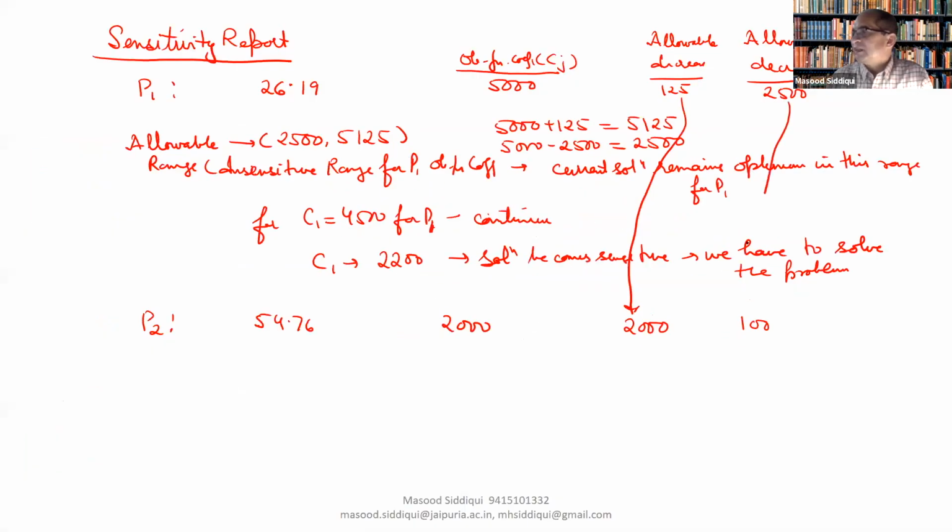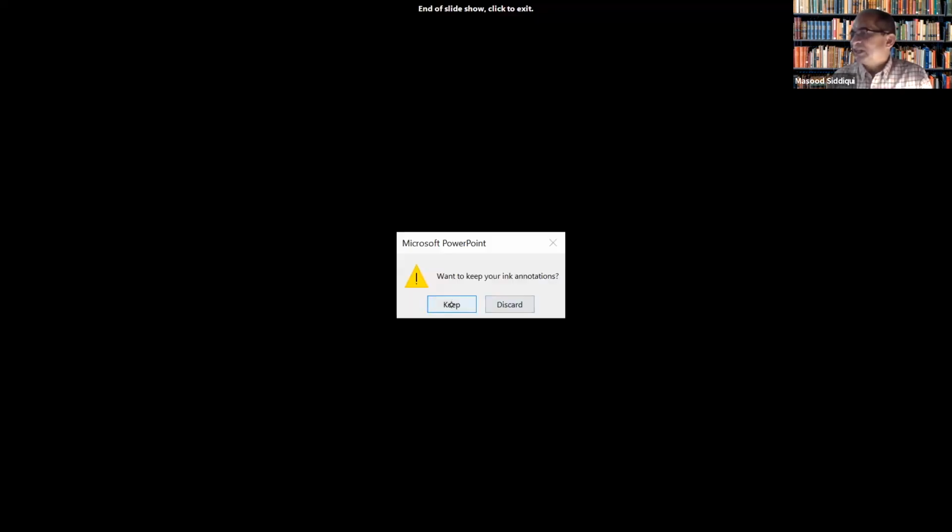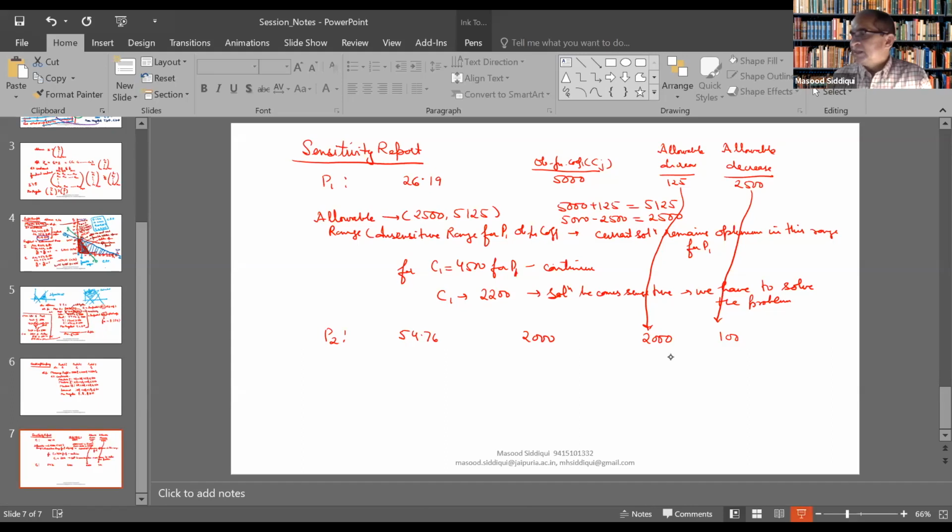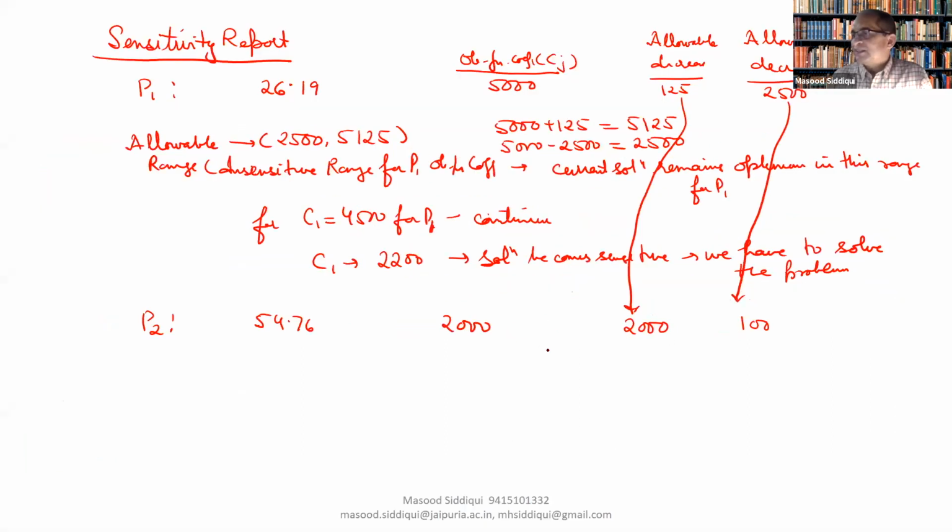So by adding these values, 2000 can be added, so we will have 4,000, and 100 should be subtracted because it is the allowable decrease. So the value is 1,900.